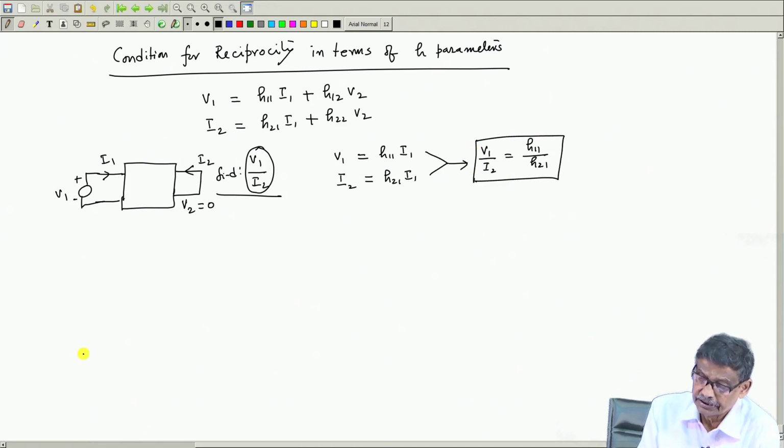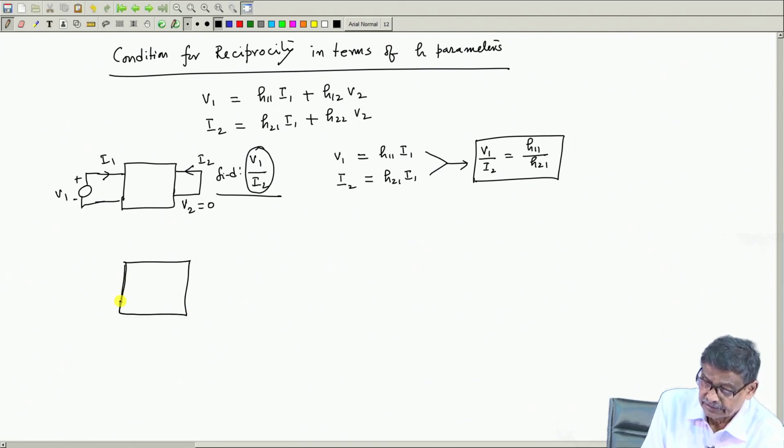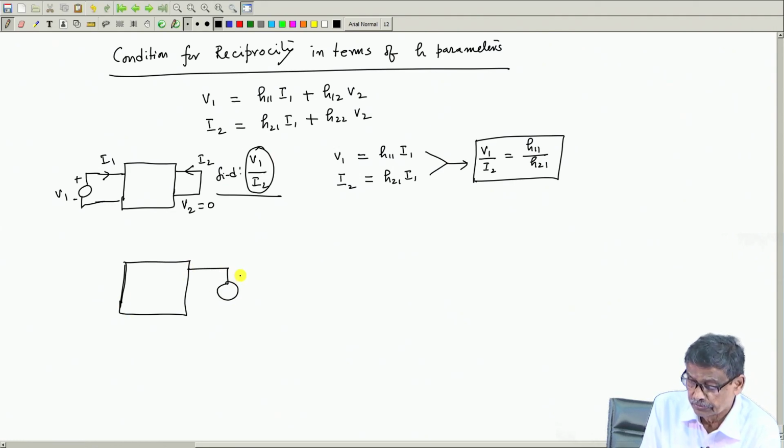This should be equated with the reverse process. In the second case, you have to excite this side with a voltage source, you excite V 2, this current is I 2, and the other side you keep shorted.